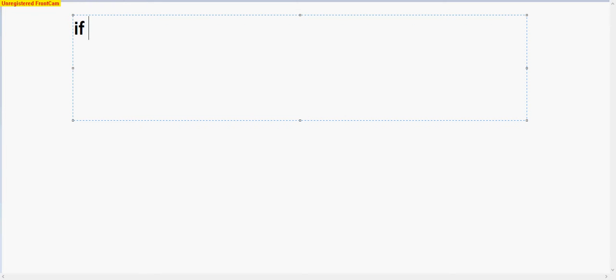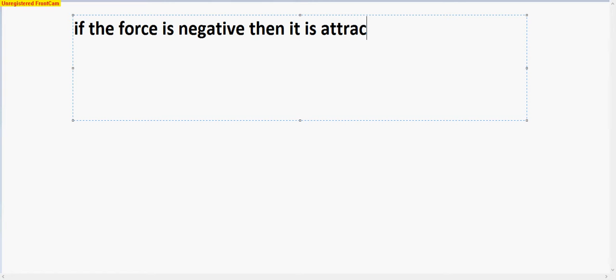If the force is negative, then it is attraction.